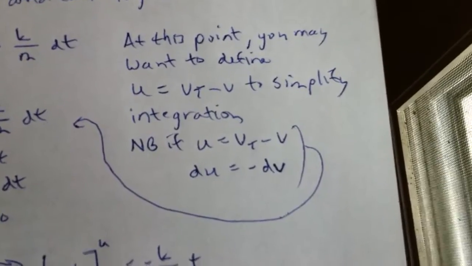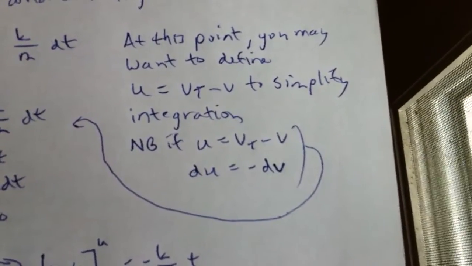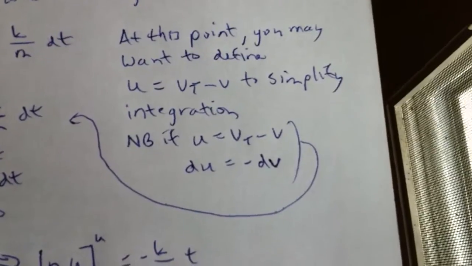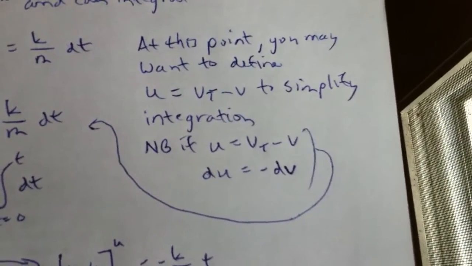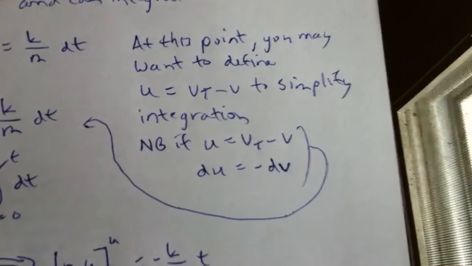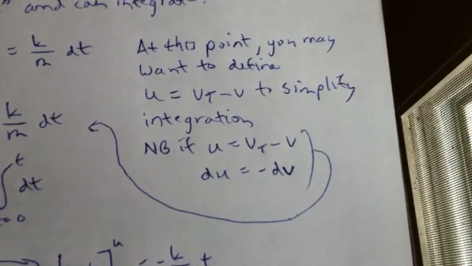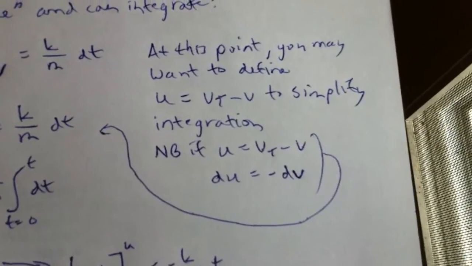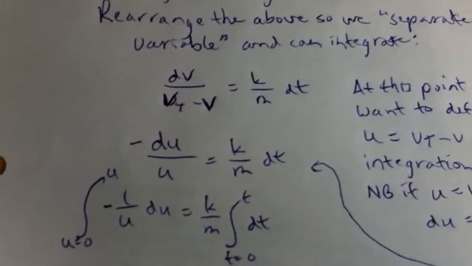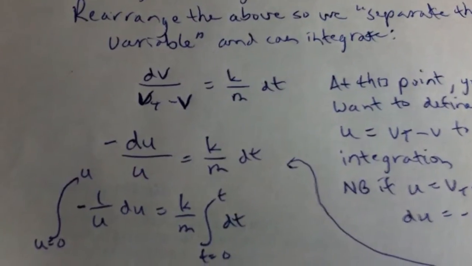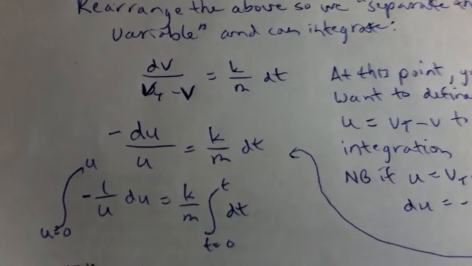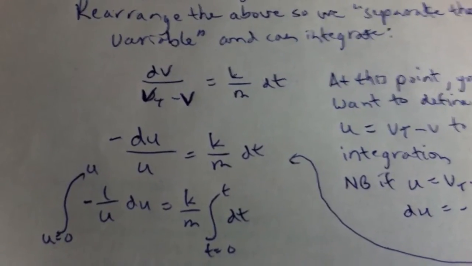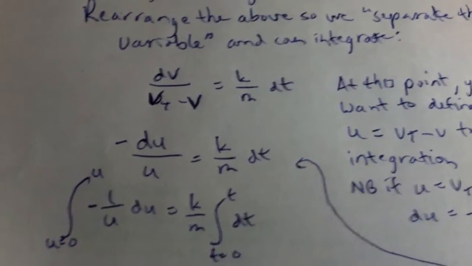If we differentiate to find du, we see that the differential is just negative dv. vt is a constant, so it drops out when differentiating. So let's plug in u and du into the equation we had, and if we substitute those, we come up with a new equation that we're now going to integrate.